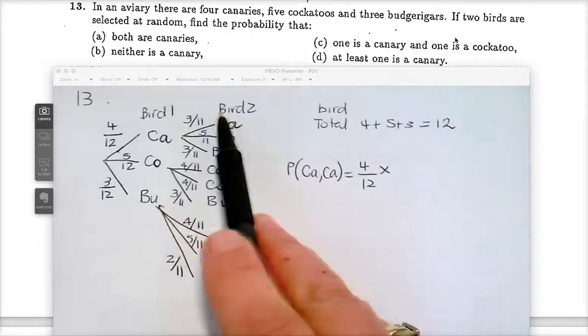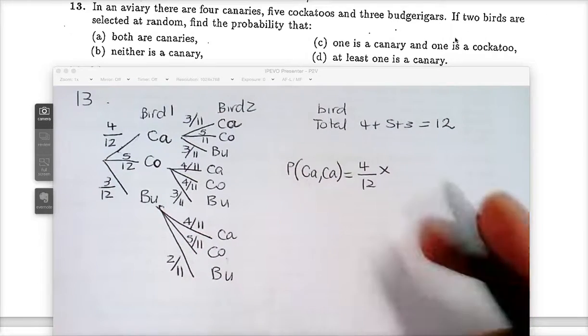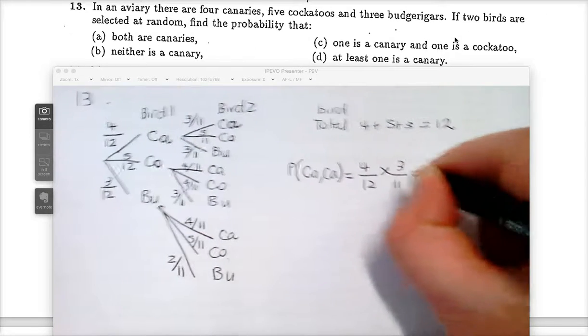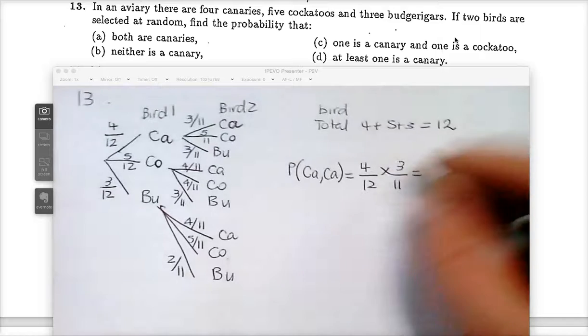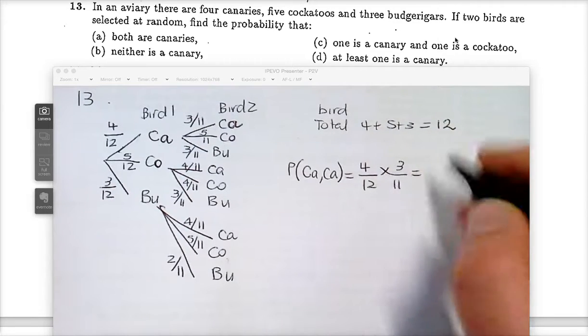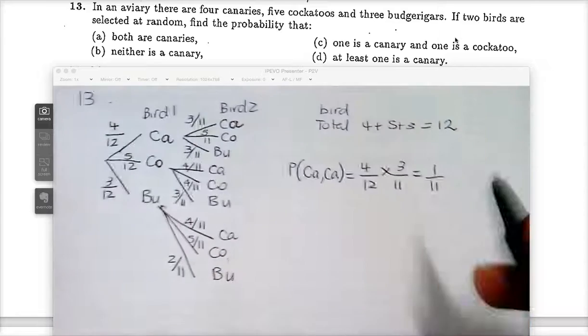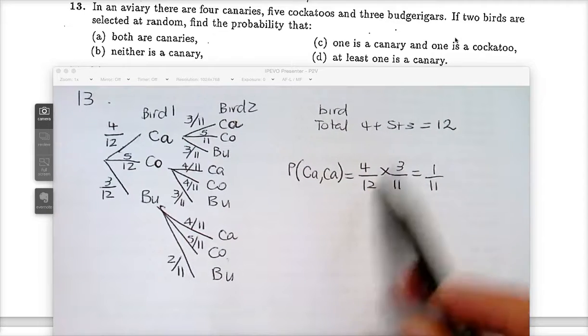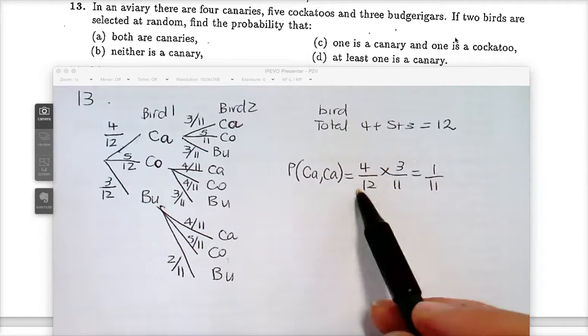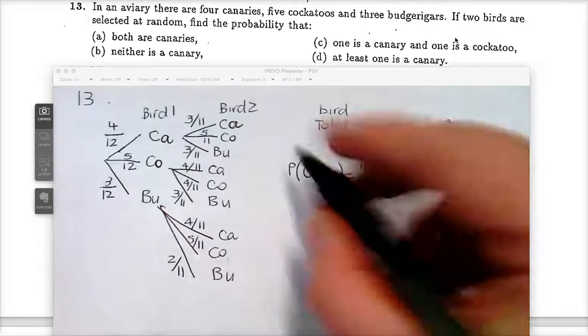What is it? No, 3/11. Times 3 out of 11, which is, well, you can simplify. Is it 1/11? It's 1/11. Well, yeah, that's the answer I got. Yes, because the 3 cancels with the 4. Right, 1 on 4. The 4's cancel.